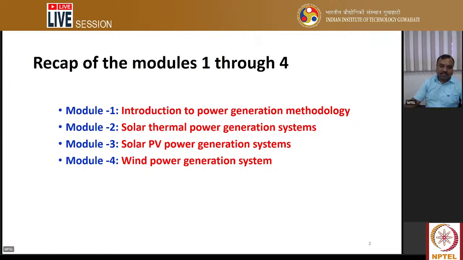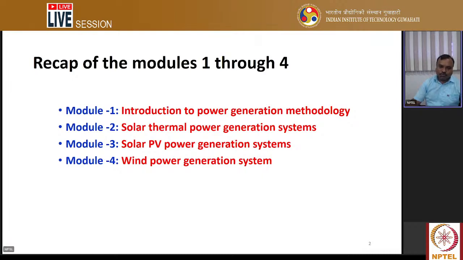Mostly in this module, the global and Indian scenario of power generation, and then the energy mix were discussed, and also an overview of current technologies available for power generation, and then concepts of renewable energy based power plants were introduced and discussed briefly.